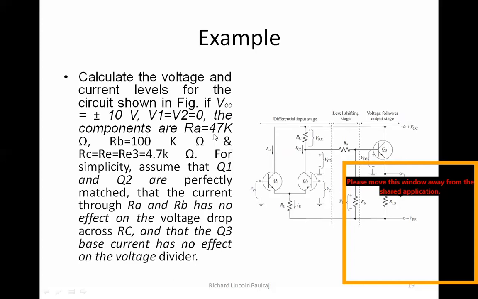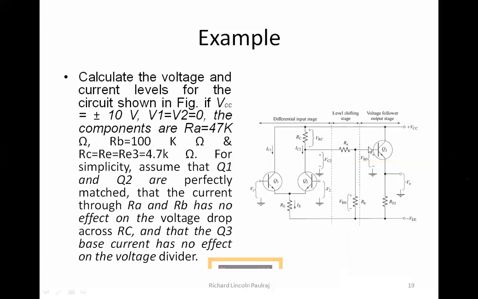The components are RA, the one that you see here, RA is about 47 kilo ohms and RB is 100. If possible, write these in small font on the circuit itself so that you will understand.